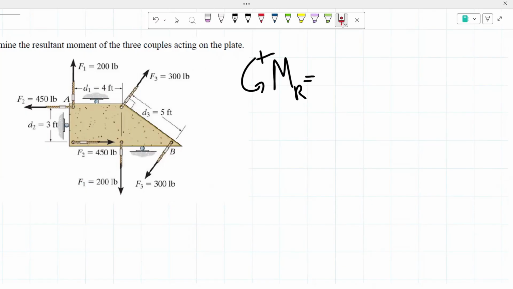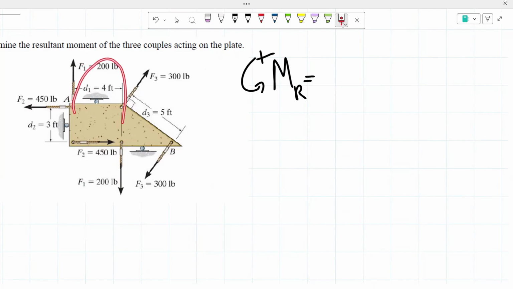moment about the plate. Here we have our plate right here for these two couples. The plate is found right in the middle of these two couples. So now we just have to figure out if that's going to be a negative or a positive moment. As you can see, it is going upwards and downwards.